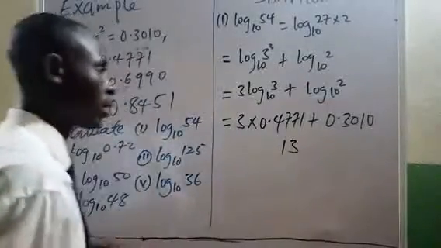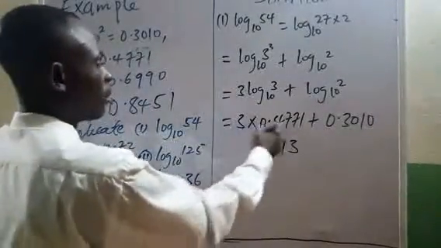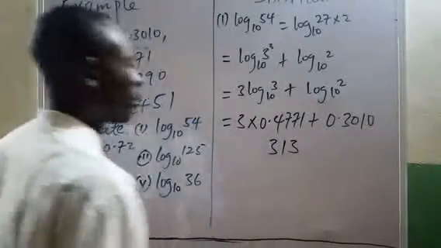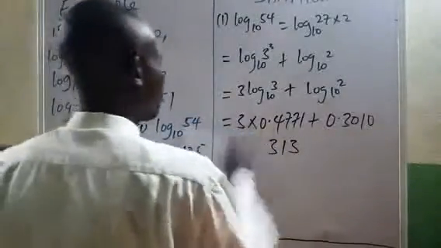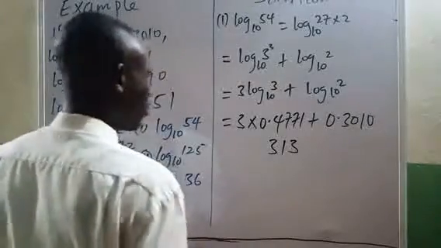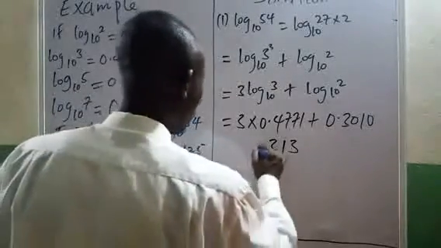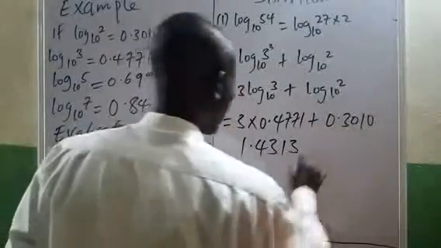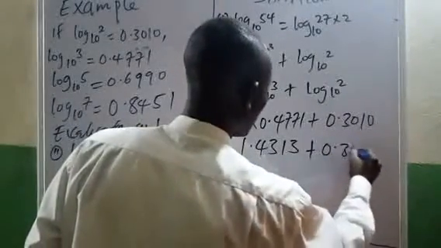You put down 1, you carry 2. 3 times 7 again is 21 plus 2 is what? 23. 3 times 4 is 12 plus 2 is 14. That's 1.4313 plus 0.3010.